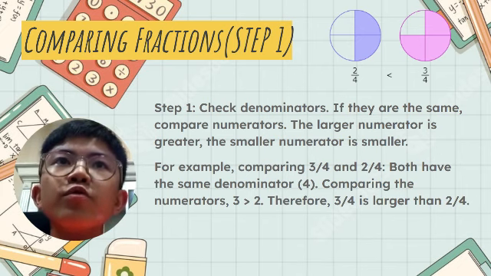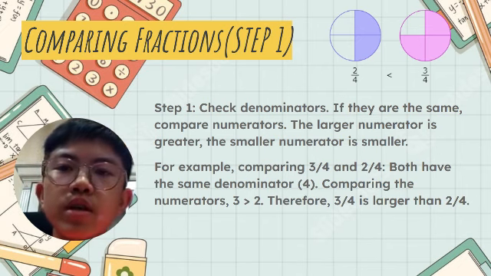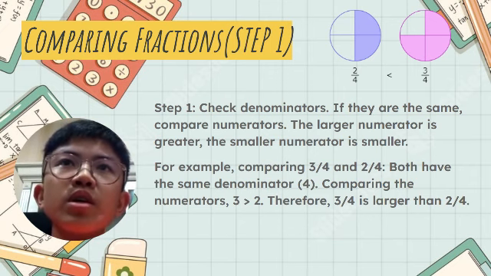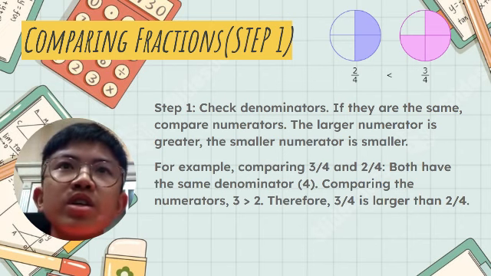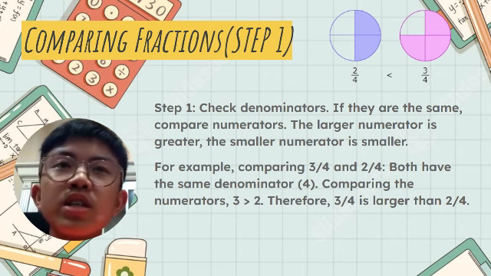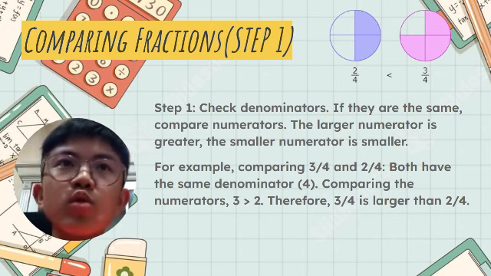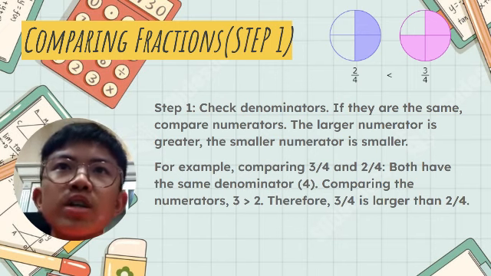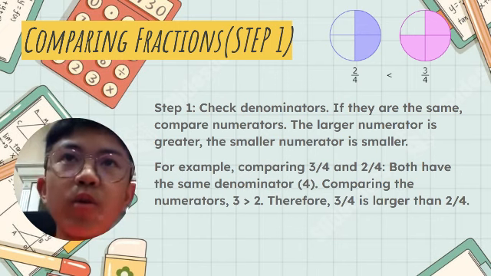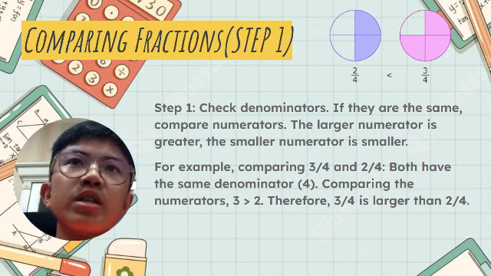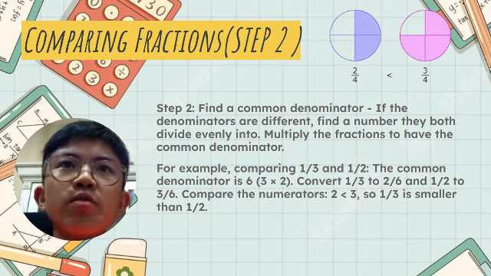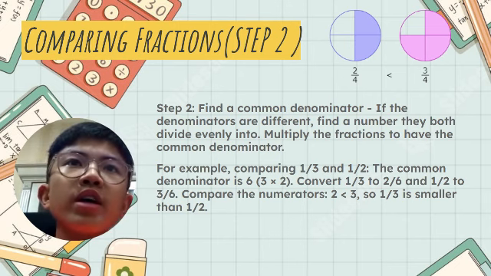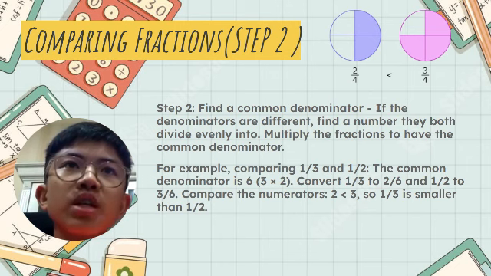Since both fractions have the same denominator 4, we compare the numerators. In this case, 3 is greater than 2, so we can say that 3 over 4 is larger than 2 over 4.